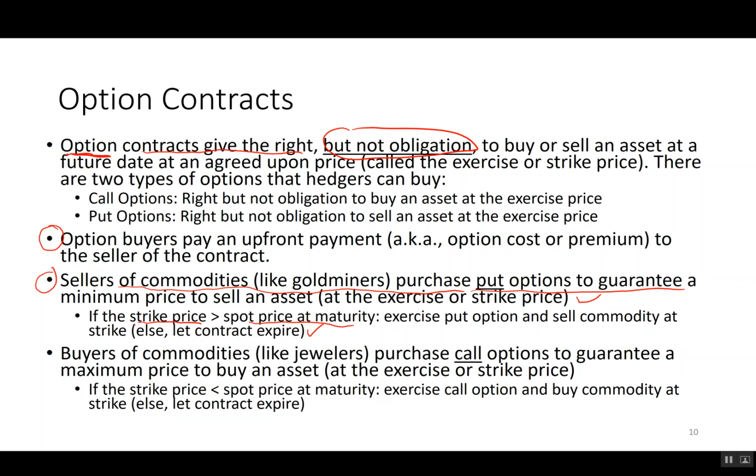Otherwise, you just let the contract expire and there's no payoff. Similarly, the buyers of a commodity, like jewelers that want gold, would purchase what we call a call option. That gives them the right but not obligation to buy the commodity at the agreed upon strike or exercise price. And only if the strike price is lower than the spot price in the market would you exercise the call option and buy the gold at that cheap strike price. Otherwise, you just buy it cheaper in the spot market.